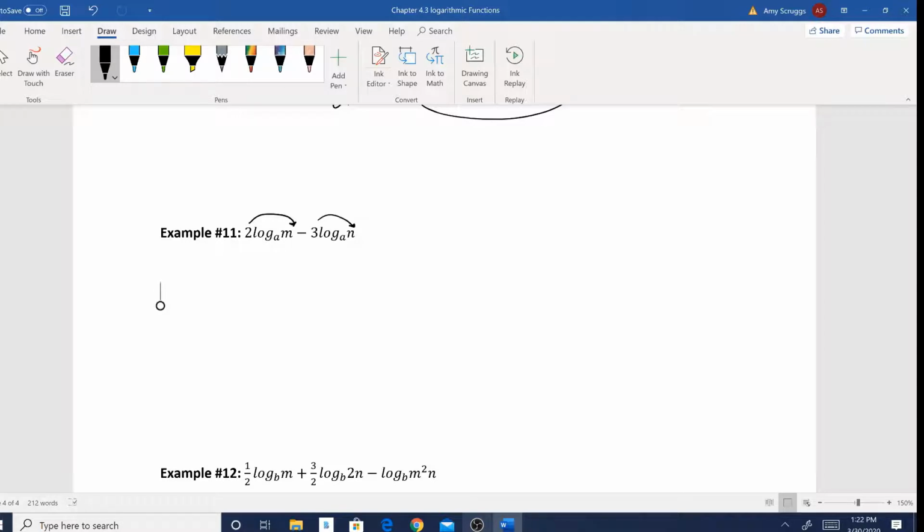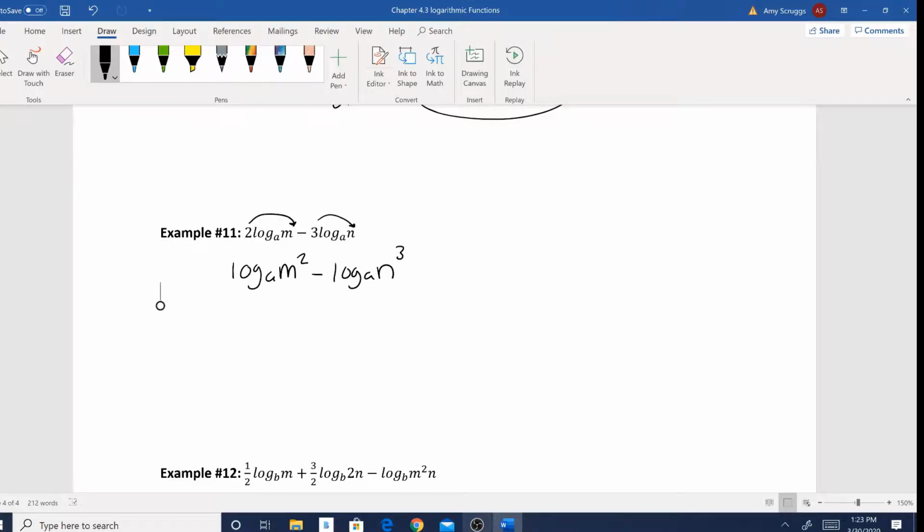So if you make this negative, then technically you'd have to turn that to a positive plus and make it a multiplication problem. But don't do that. The negatives in front do not carry along with your exponents. So this is going to be log base a of m squared minus log base a of n to the third.